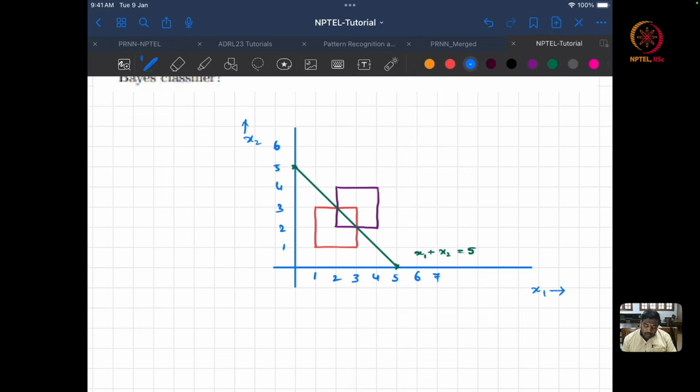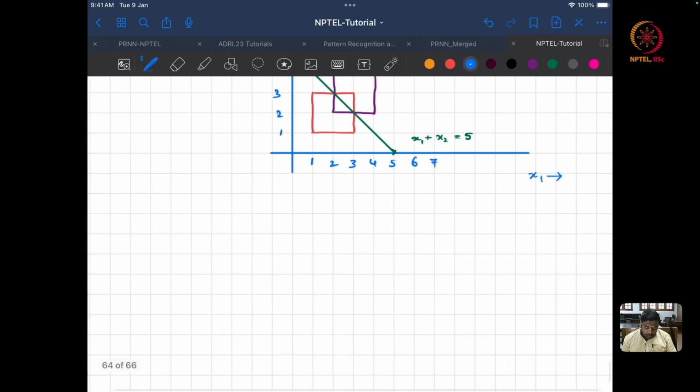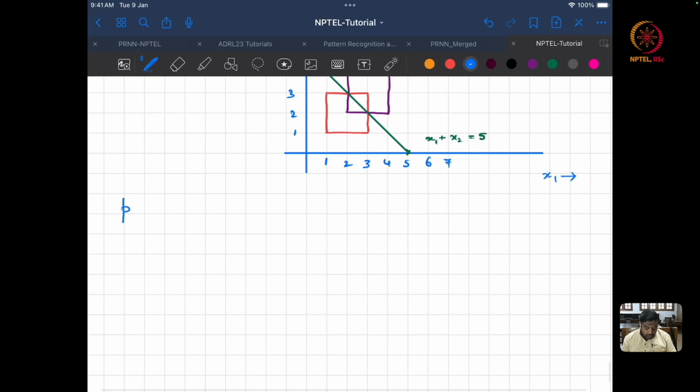So now let's put things up. The priors: probability y equal to 1 and y equal to 2 are each half. Okay, and then we are using 0-1 loss. Now what do you mean by that? Whenever the classification is proper, the loss incurred is 0, and whenever there is a misclassification, the incurred loss is 1.